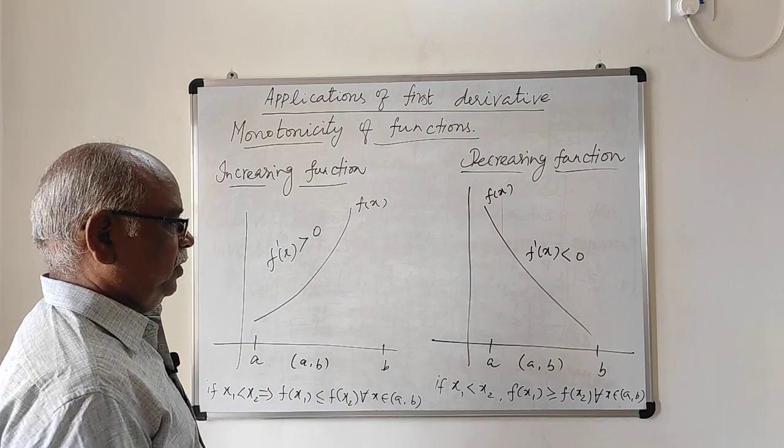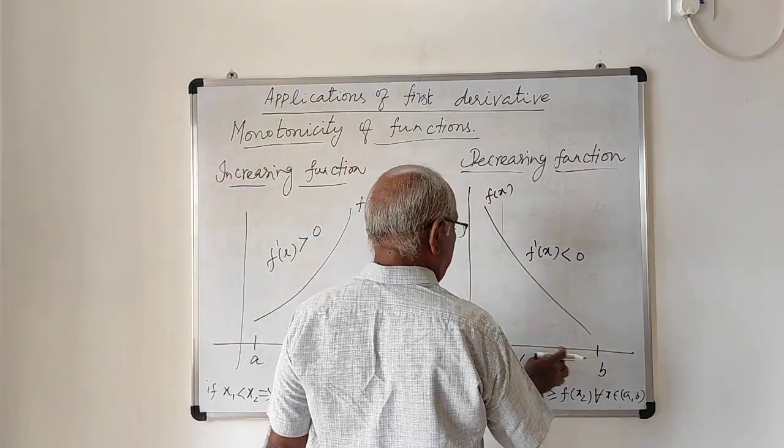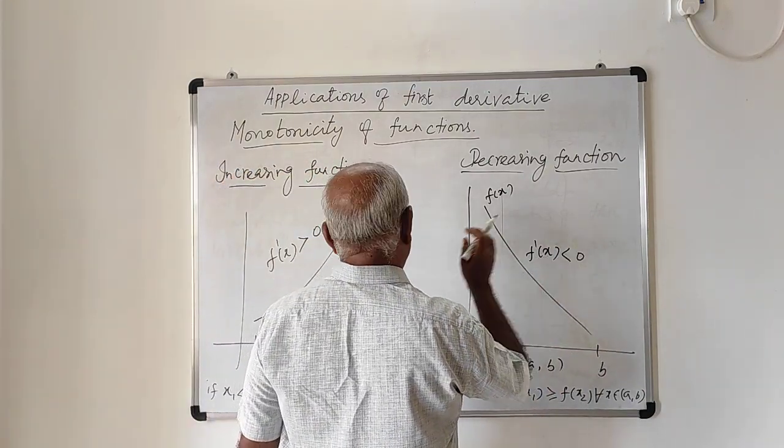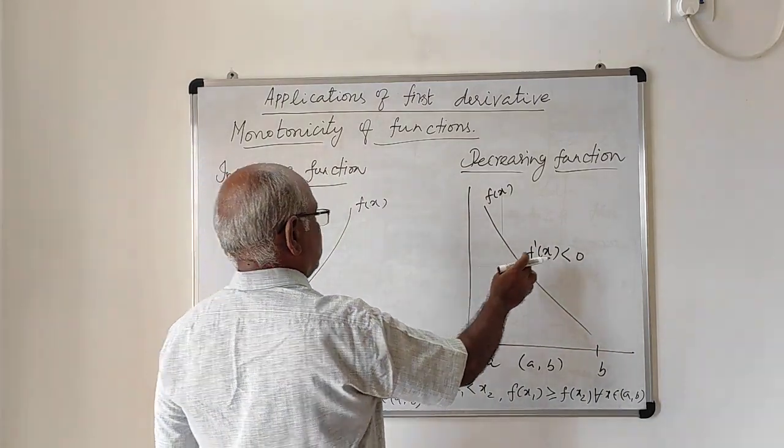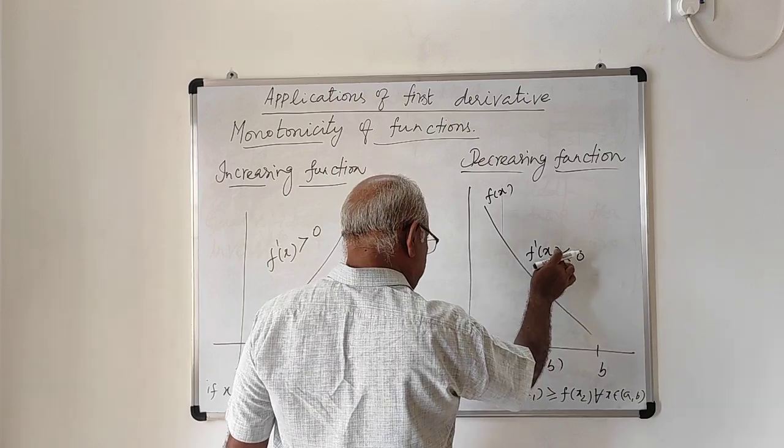Or in the case of first derivative, for any x in the open interval a comma b, the first derivative should be less than 0. If it is the case, this is a decreasing function, strictly decreasing, I mean.